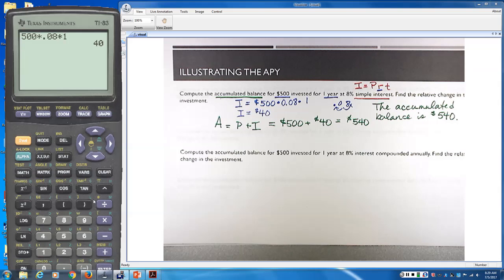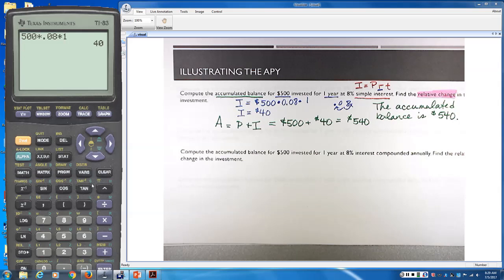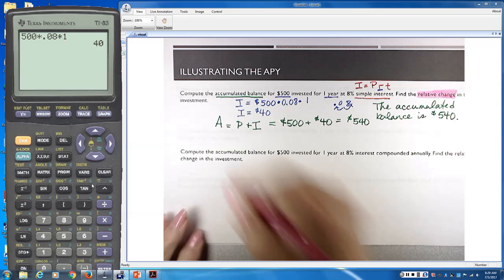And then it says calculate the relative change in the investment. A relative change, we know, is a ratio, or we usually express it as a percentage. So the accumulated balance is 540 minus 500 for the interest. That's what you have to find, is you have to find the absolute change first.